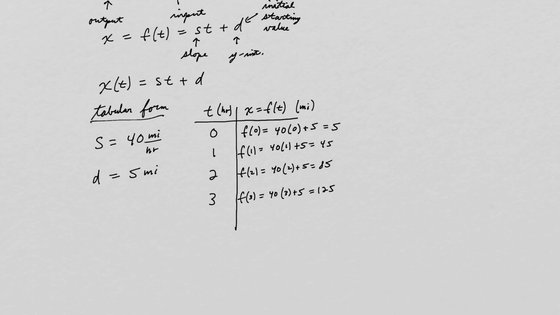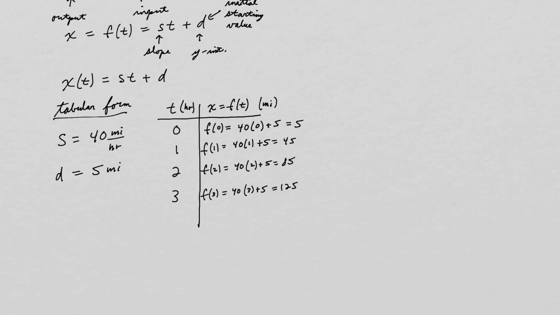And then graphical form is basically plotting this and then drawing a smooth curve through all the data points. So let me do the graph over here to the right of this. Since we're only talking about positive time, I really just need to focus on the first quadrant.